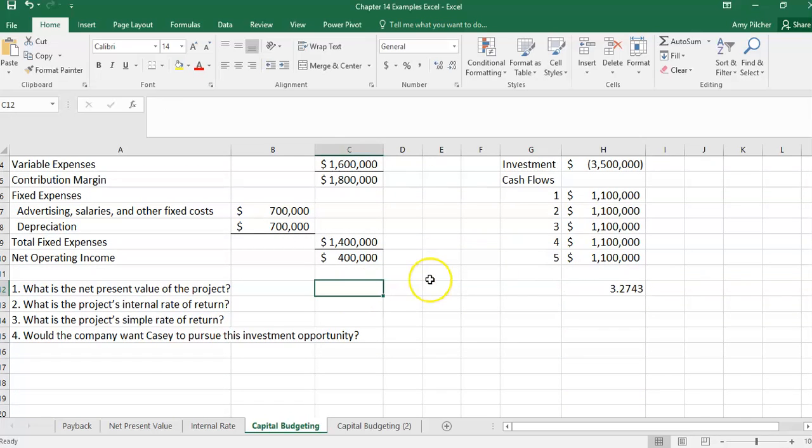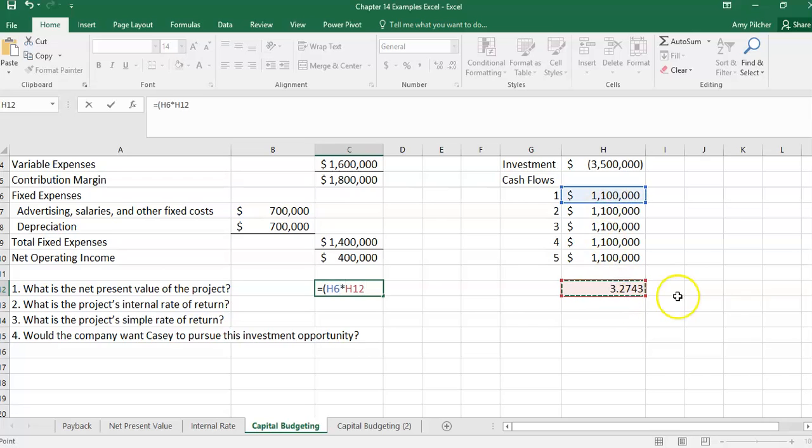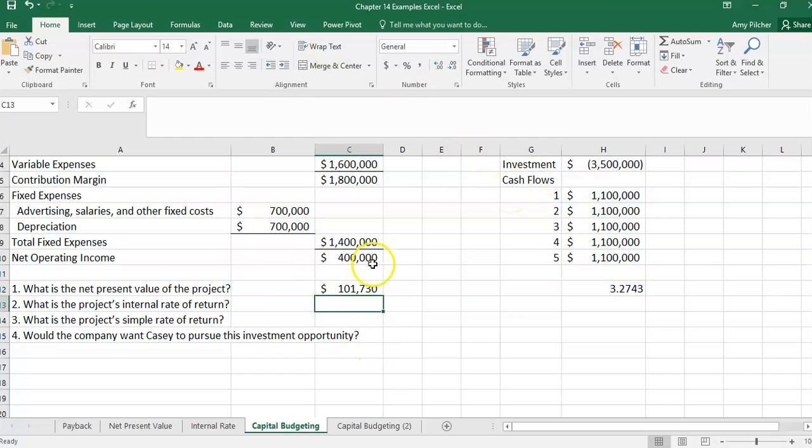So for the net present value, we take our cash flows of 1.1 million times the factor of 3.2743 and then add our investment, and we get a positive net present value of $101,730.